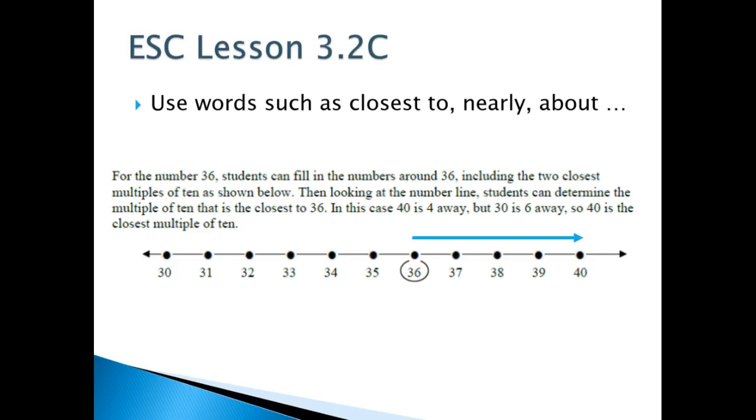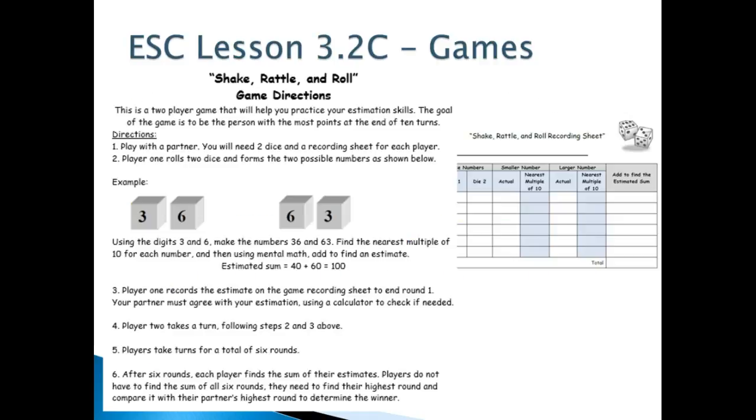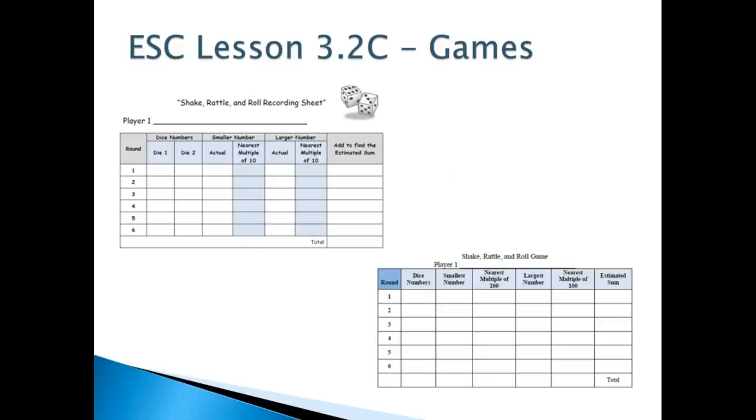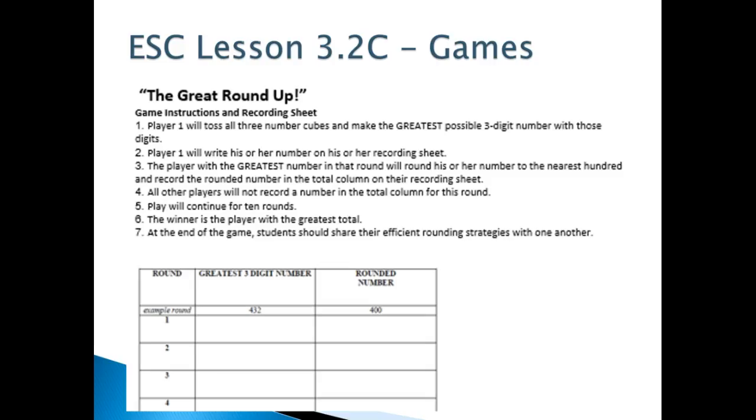We will use words such as closest to, nearly, or just about, such as 36 is closer to 40 because it's just 4 away instead of 30, which is 6 away. Then there's an ESE lesson about games. For games, it's Shake, Rattle, and Roll, and a few other games available as well, such as the Great Roundup.